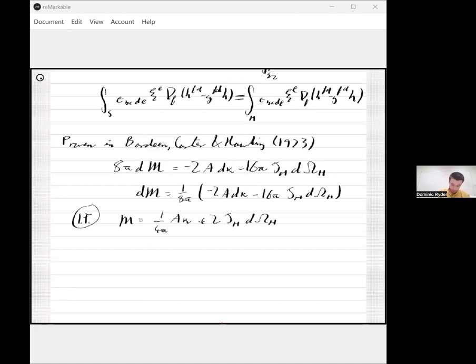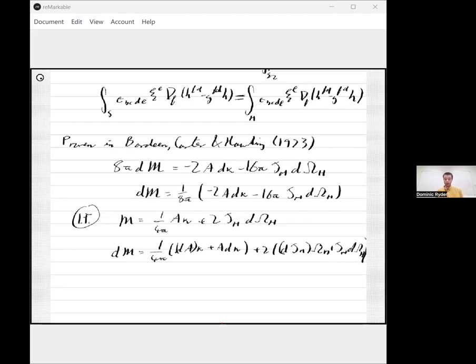Just doing the chain rule on this, we get dM equals 1 over 4 pi, dA kappa plus A d kappa plus 2 dJH omega H plus JH d omega H.